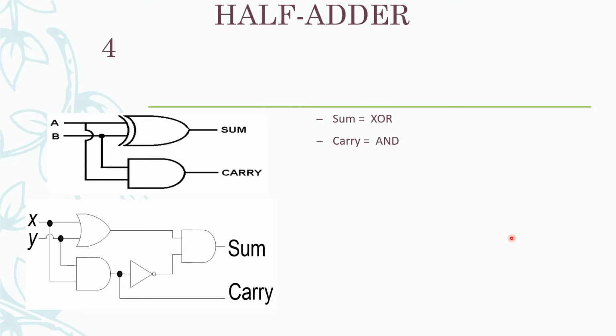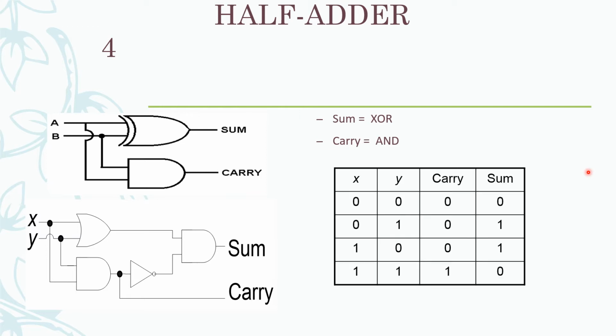Now we will see the truth table to understand this half adder. See, we deal with x and y. If both the inputs are 0, what will happen?